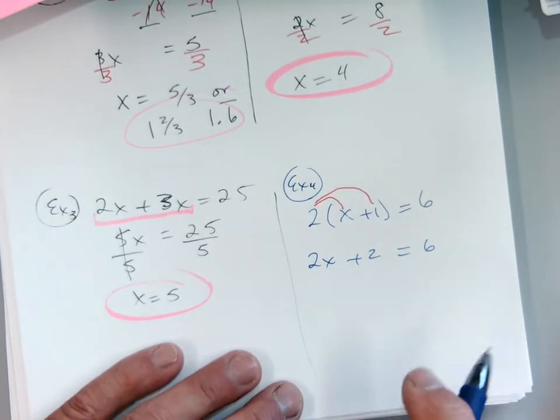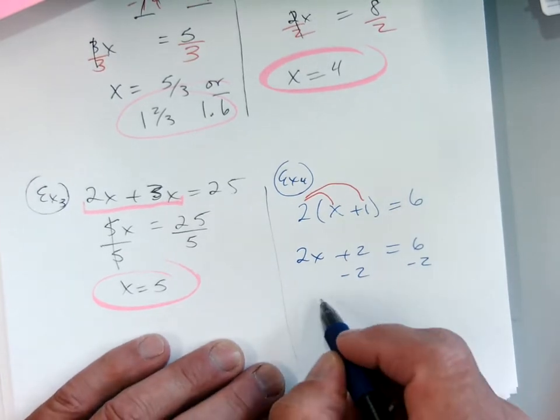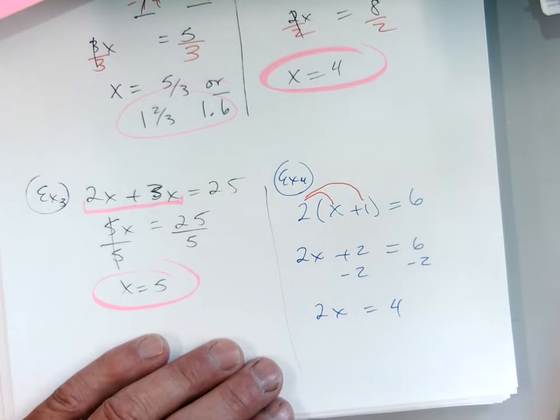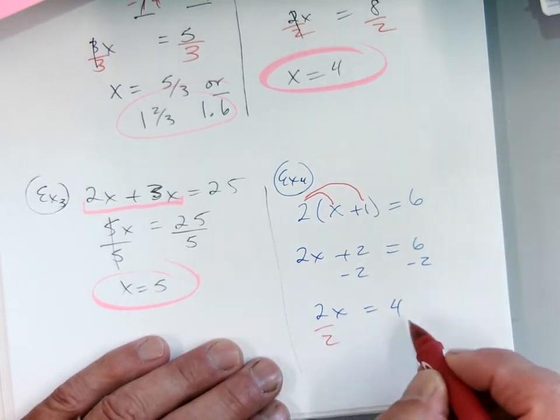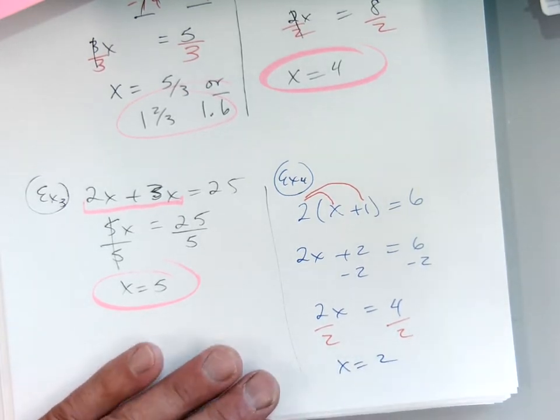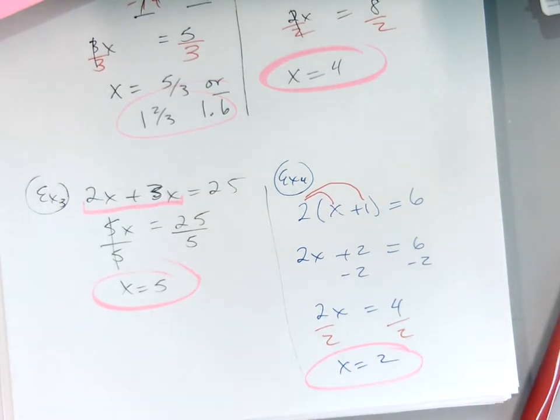And then I'm going to solve. Minus 2 minus 2. I'll have a 2x equals 4. Divide by 2, divide by 2, and I get x equals 2. Okay, and that's what we got in class.